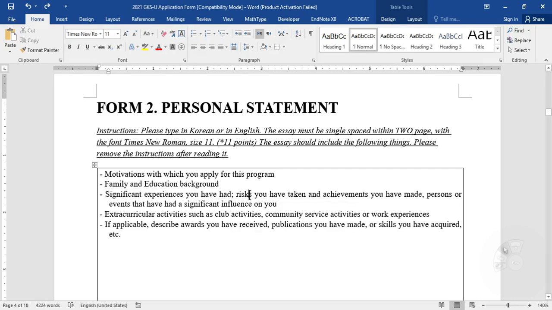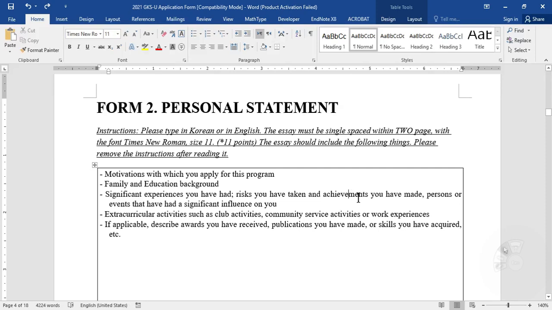If you are interested in mechanical engineering, then you should mention your interest in mechanics or mechanisms related to mechanical machinery. Then any risks taken: you moved from your village to some other city to get an education or to join a world class or excellent institute in your country.